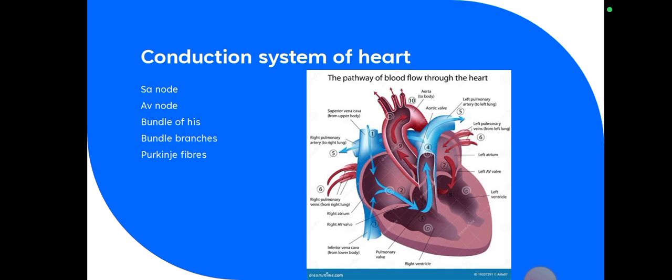Then we have the conduction system. Here we have at least five things, and I have shown this diagram, a very important diagram, because it shows the pathway of blood through the heart, how the blood flows through the heart.